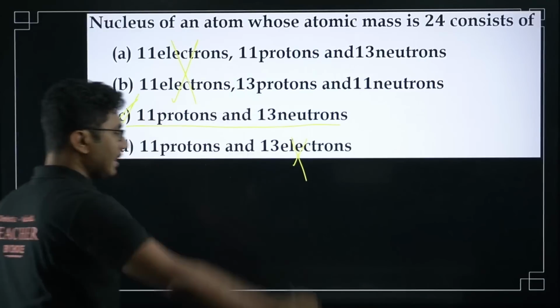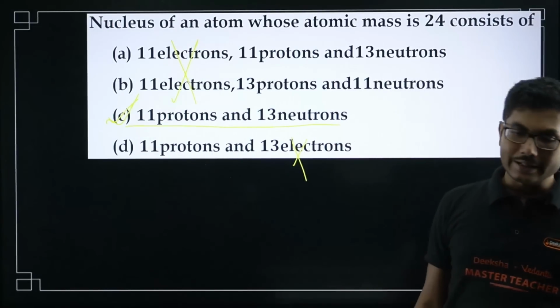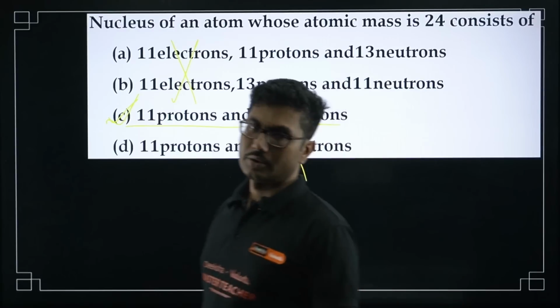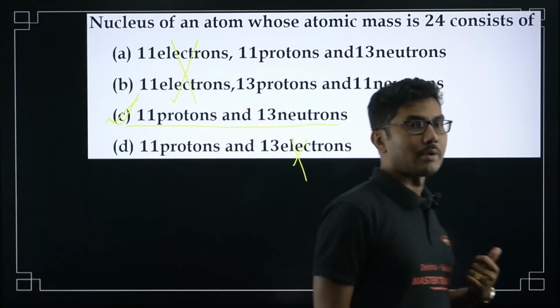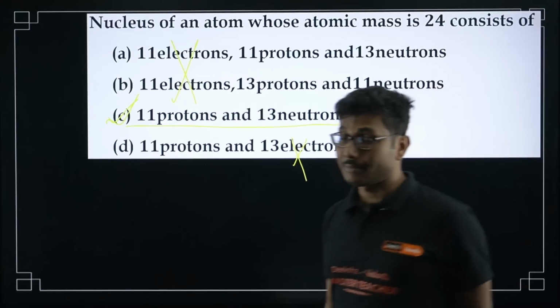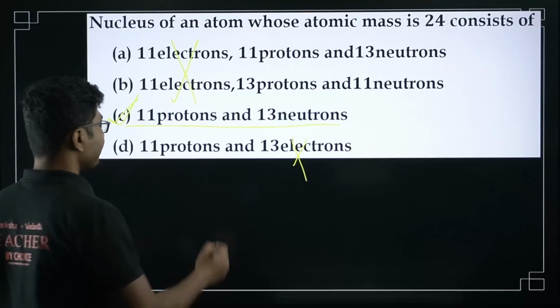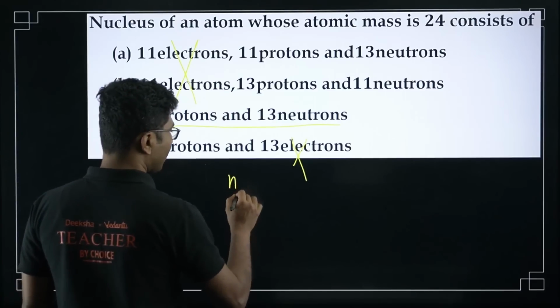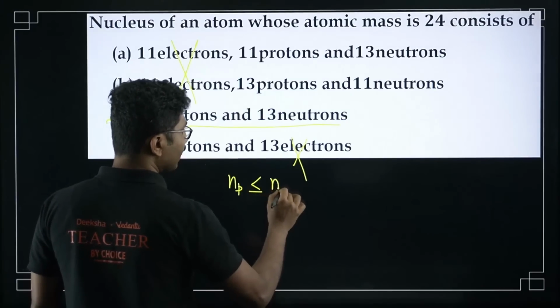Also remember that the number of protons should be less than or equal to the number of neutrons. Okay, what I am saying, the number of protons can never be greater than the number of neutrons.